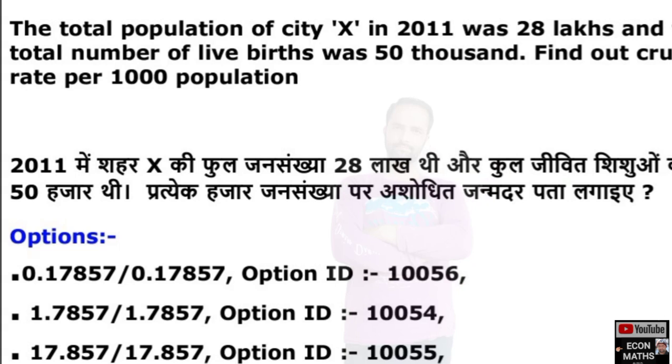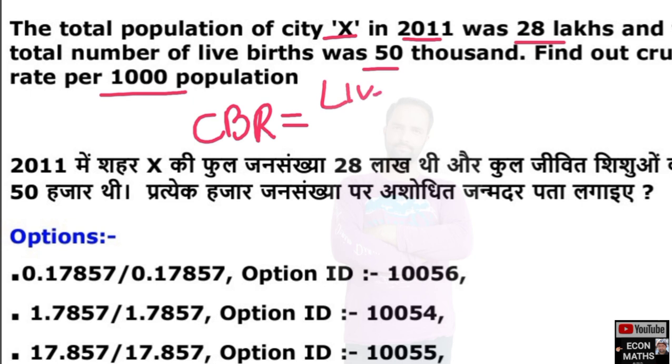Next question is total population of city X in 2011 was 28 lakh and total number of live births was 50,000. Find out crude birth rate per thousand population. How do we calculate crude birth rate? CBR is equal to live births upon total population, into 1000. This is the formula.